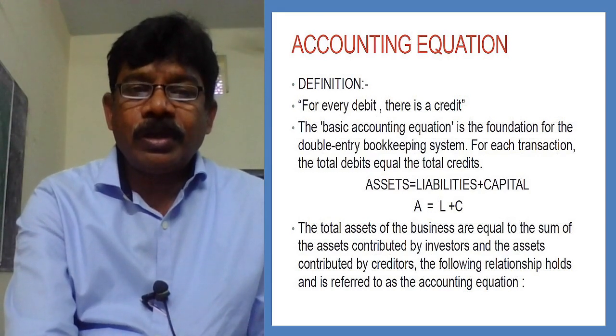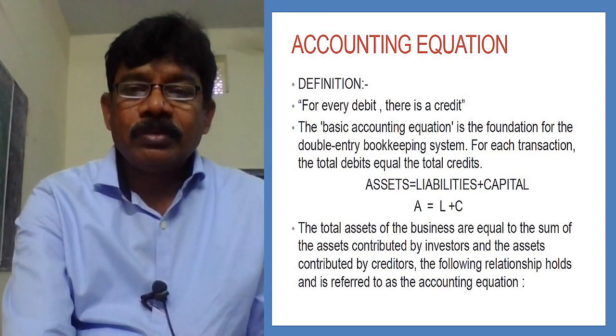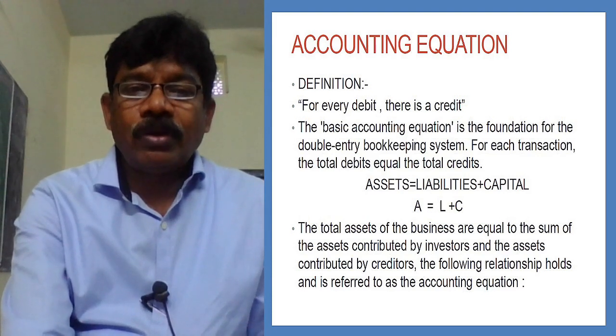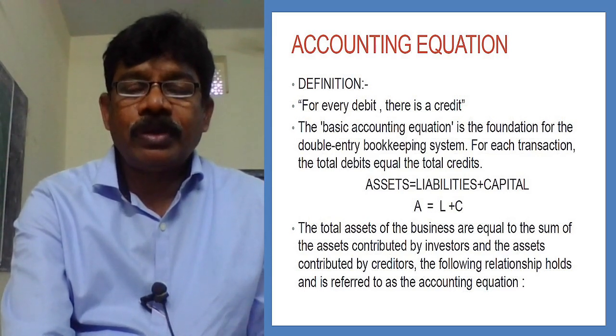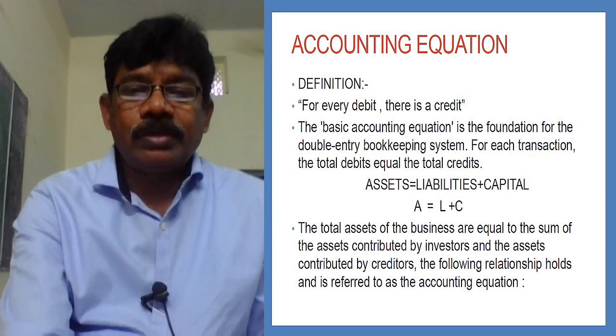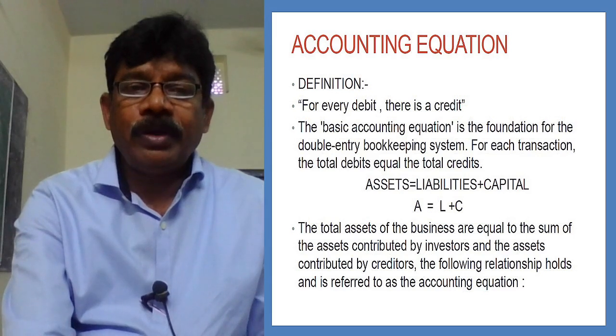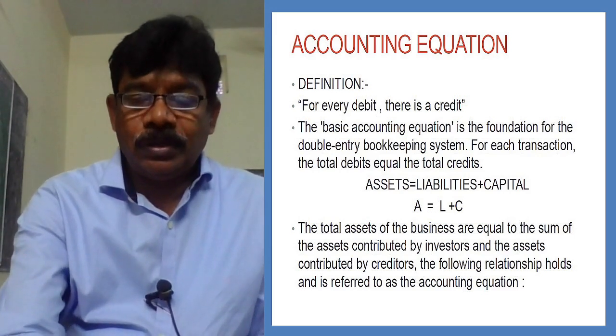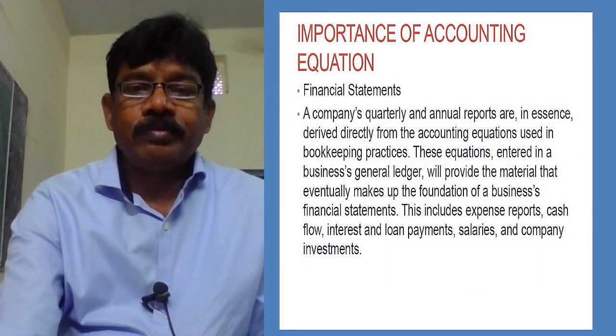So 50,000 is a creditor, that is a liability. Goods are assets. Now the total assets of 2,50,000 is equal to 50,000 plus 2 lakhs. Practically we learn this also: at any point of time, our equation will be equal. Assets are equal to liabilities.